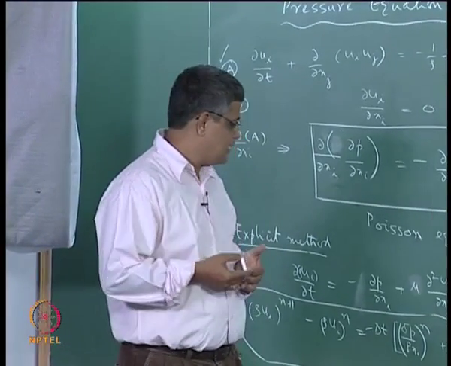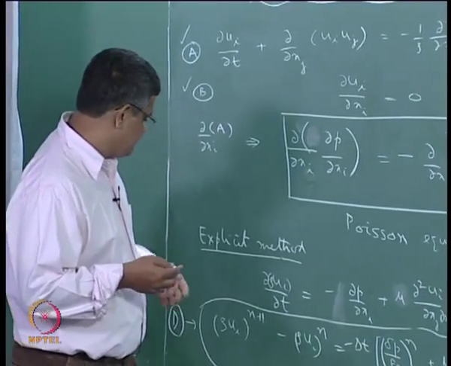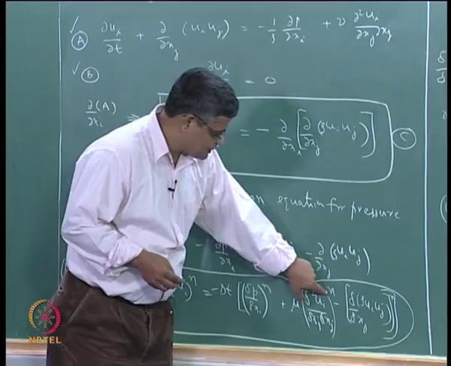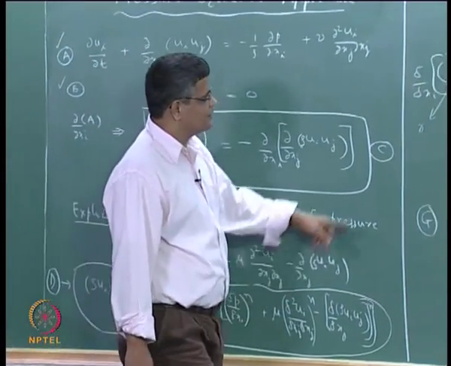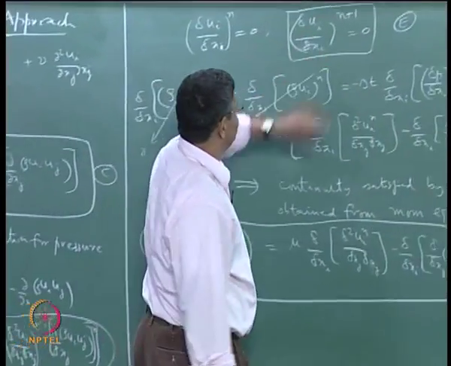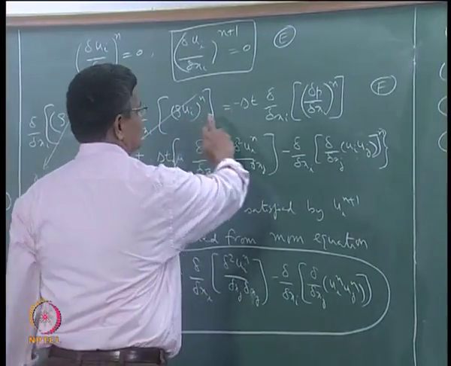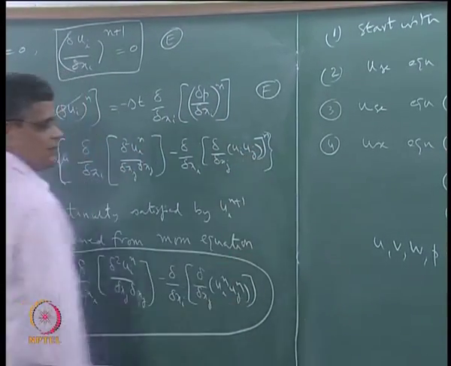So you would like to have an implicit method. If you want to have an implicit method, then here you will have n plus 1, and n plus 1, and n plus 1. This is still there. This will be n plus 1, and then this will be n plus 1, and this will be n plus 1.